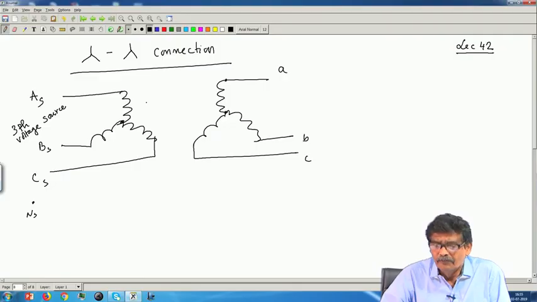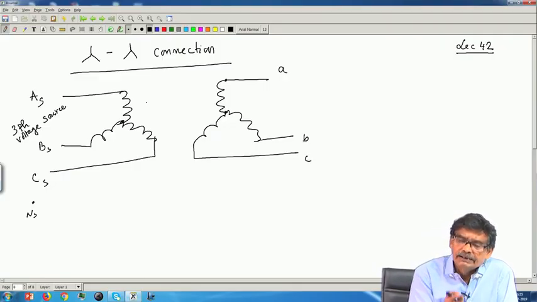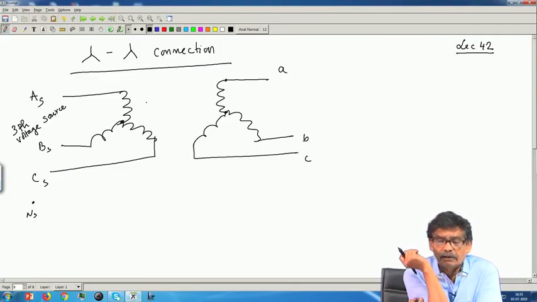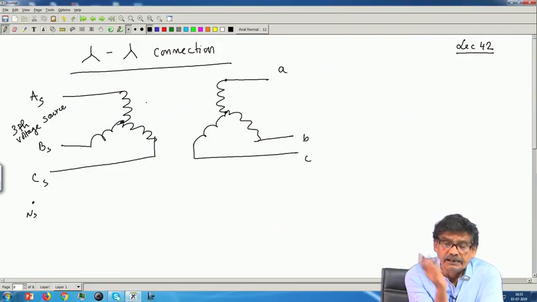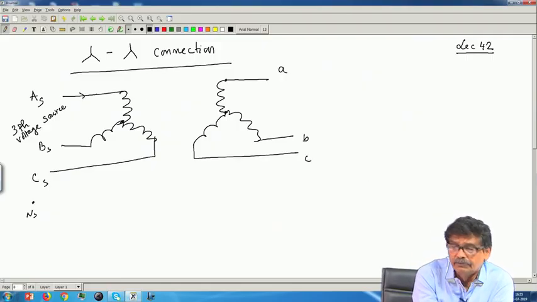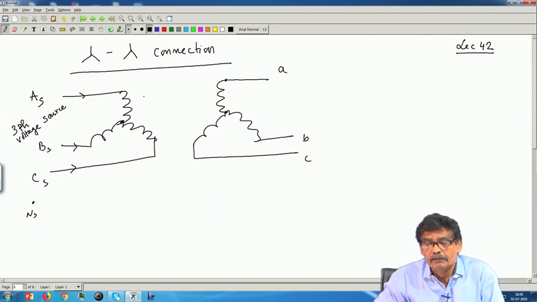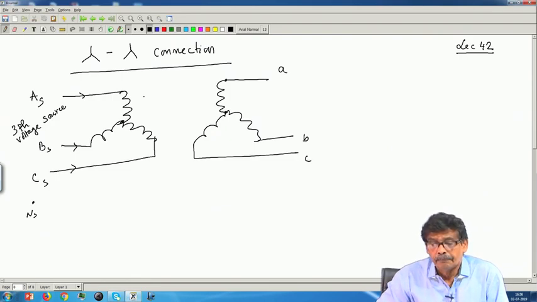Now, in this connection, one thing is clear: with the secondary open, it will draw some magnetizing current, and in the core of the transformer my attempt will be to make the flux sinusoidal, with a 50 hertz component alone.